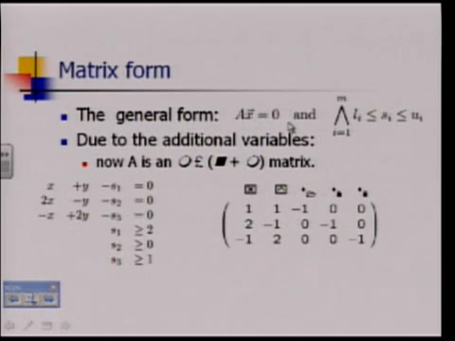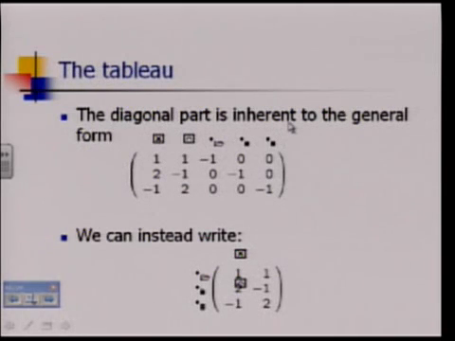Make sense? So basically, inequality constraints can be changed to equality constraints by introducing additional variables, so that you can make the linear program be in a standard form.